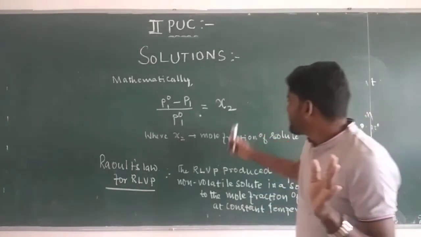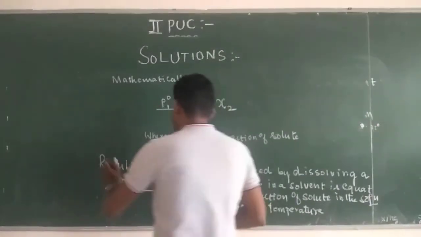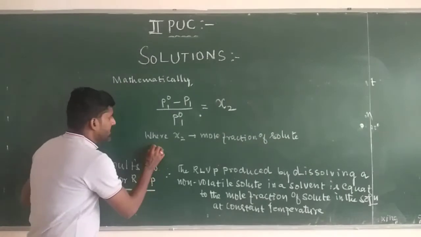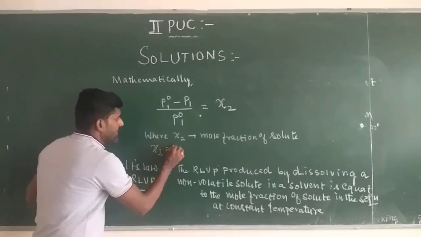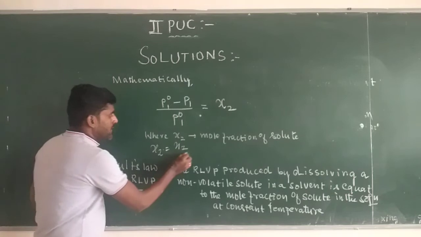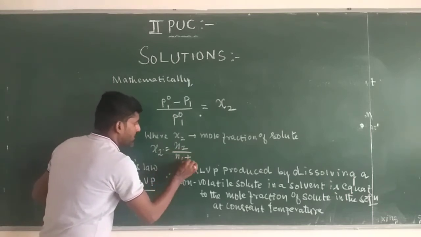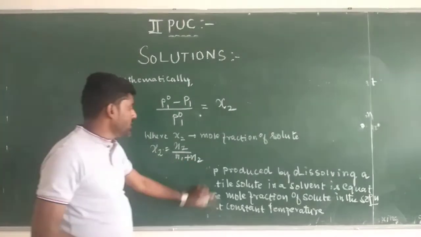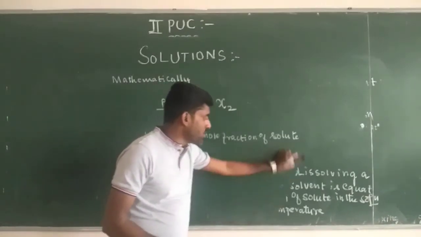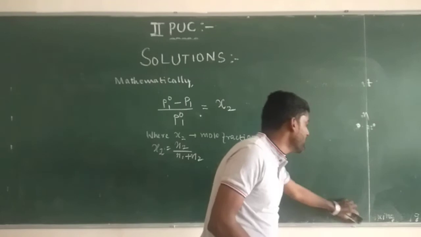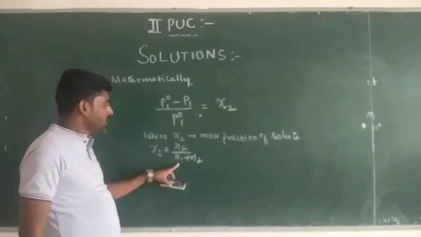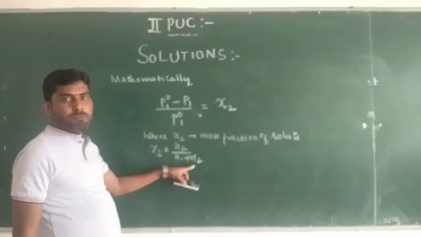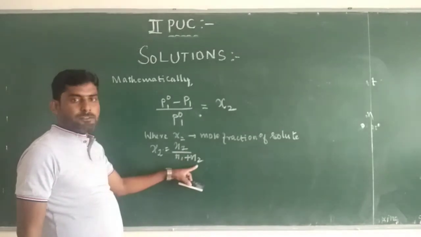So we can write X2 as N2 divided by N1 plus N2. The mole fraction of solute is the number of moles of solute divided by the total number of moles of solvent and solute.